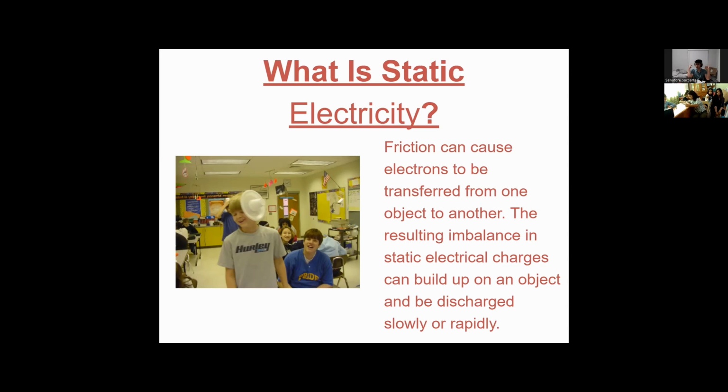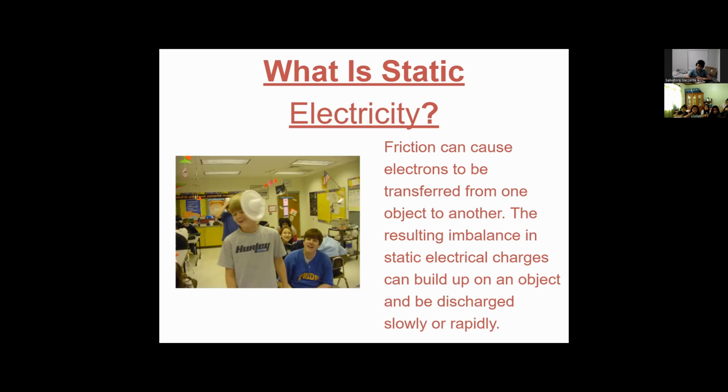For example, if we are walking on carpet, we're going to be picking up electrons from the floor through our socks, from the bottom of our feet. That's friction on the floor, so we can pick up negatively charged particles that way.